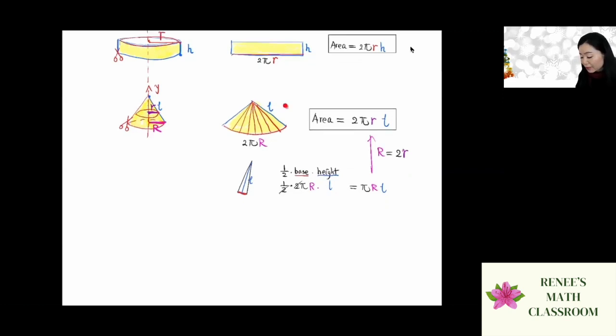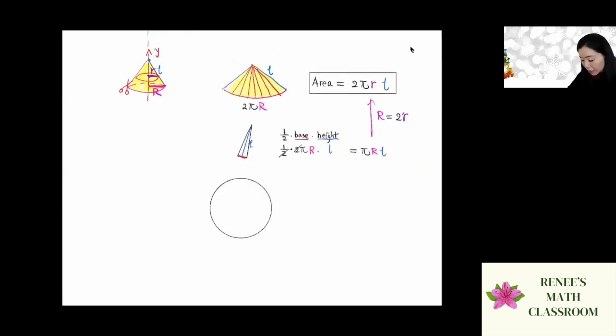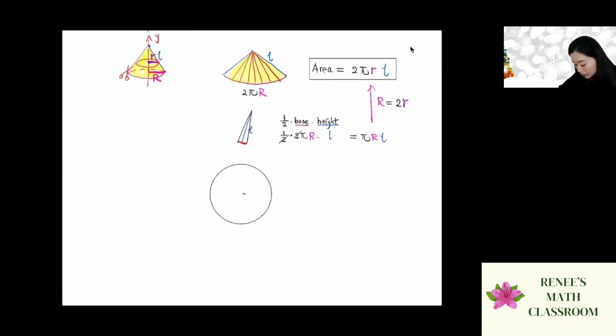Another way to think about this formula is this. I'm trying to help you understand it another way. So we have a circle over here. This is the L. So notice that this area is this one. I'm just putting that in this big circle.